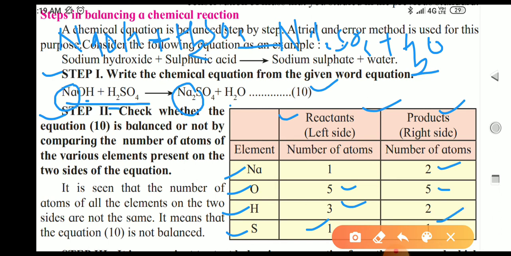So from this chart we can see the unbalanced atoms are sodium and hydrogen. So these are unbalanced atoms, and oxygen and sulfur are balanced. So this is step second. From this step we see that some atoms are not balanced while two atoms are balanced.